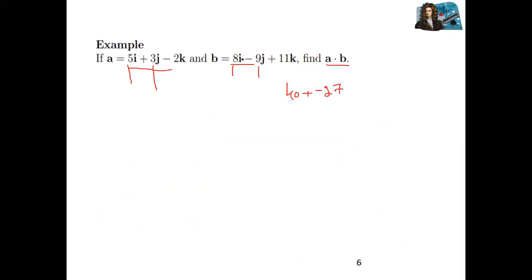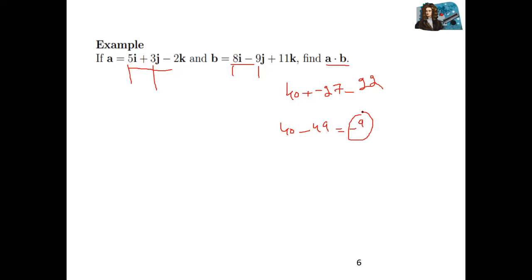And next one, 2 with plus 11, it means 22. So what will be the result? 40 minus 27 minus 22 equals what? Minus 9. Correct? Okay, listen.